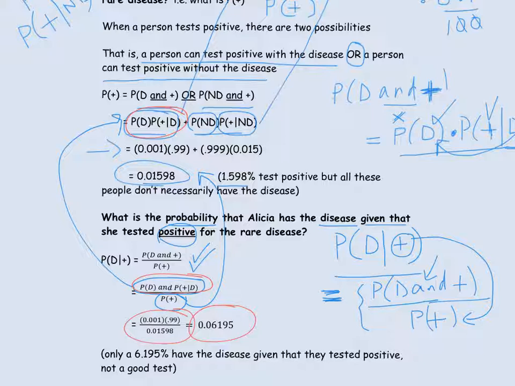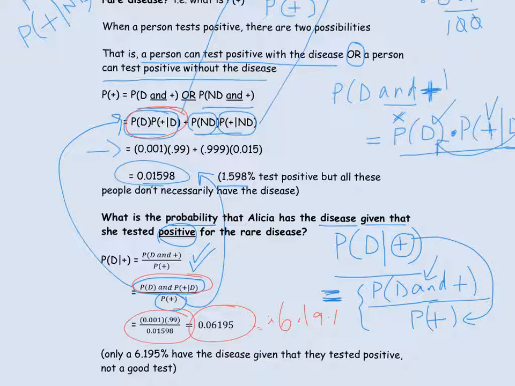So if you think about it, if someone goes in for the test and shows positive, what is the probability that they actually have the disease? And here it turns out that it is 6.19%. So 6.19% chance that you actually have the disease when you've already tested positive for it.